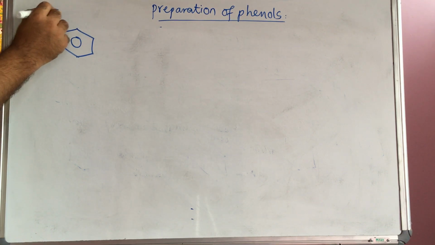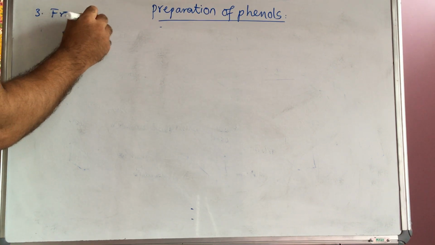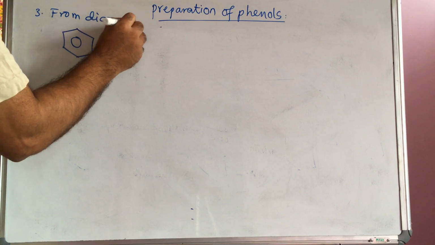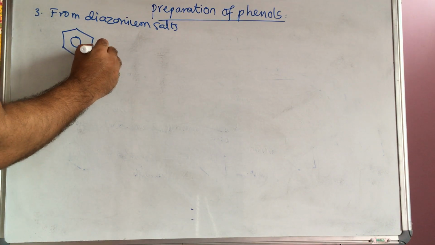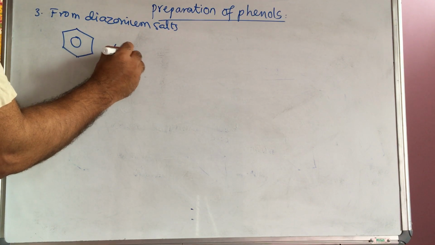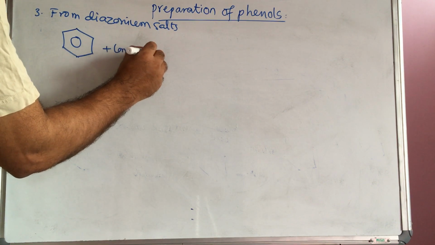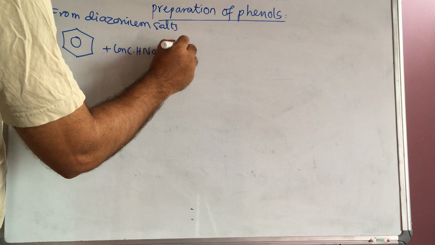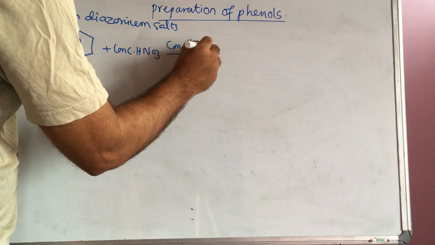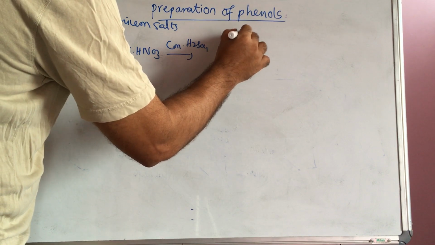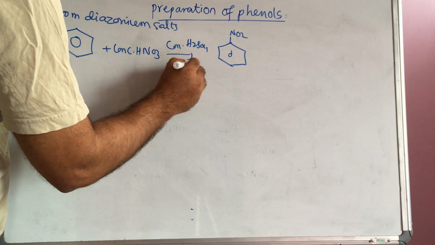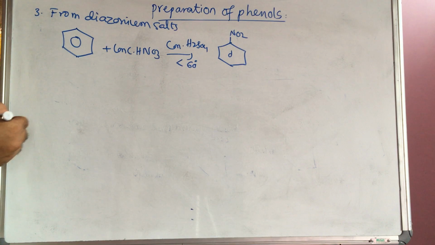Now I am preparing the diazonium salt. The third one is from diazonium salts. Benzene on treating with concentrated HNO3 and concentrated H2SO4 gives nitrobenzene at less than 60 degrees Celsius.